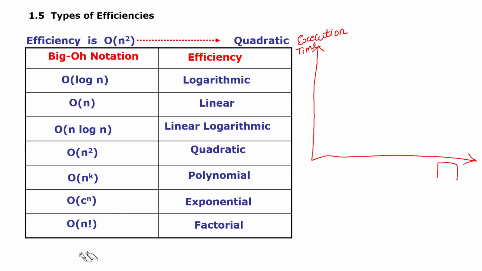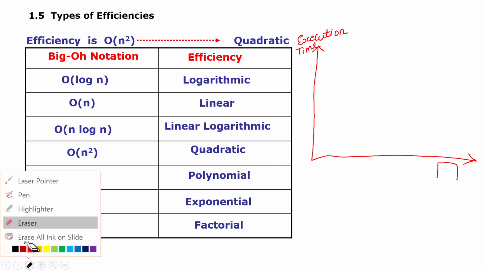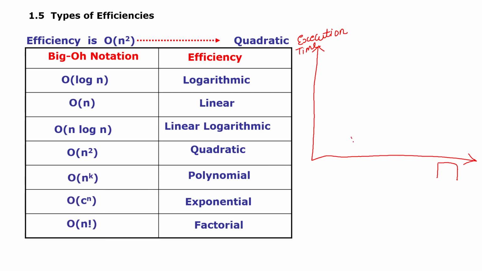What I was saying is that if the algorithm is logarithmic, its graph will look somewhat like this. Yes, now I have drawn it correctly. So this is the graph for the logarithmic algorithm.